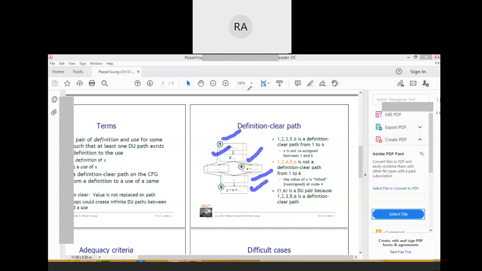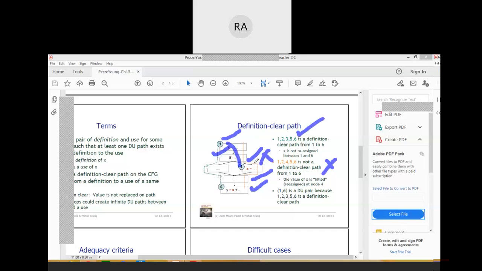Because at node number 1, an initial value is assigned for x, whereas I'm killing the previous value of x by replacing it with a new value at node number 4. That's why it is not an example of a definition clear path, whereas the nodes 1, 2, 3, 5, 6 form a definition clear path.